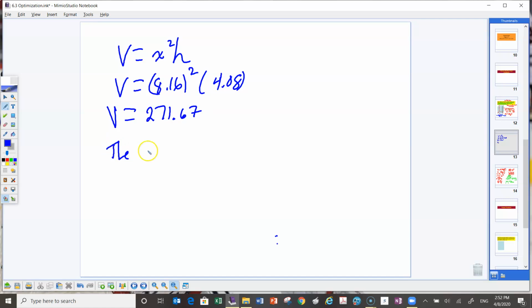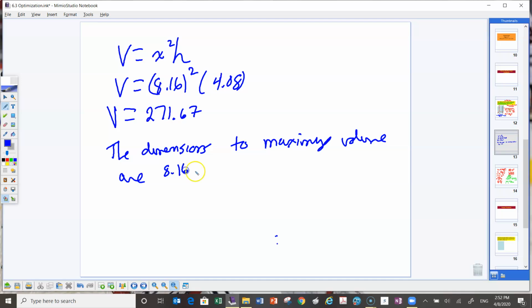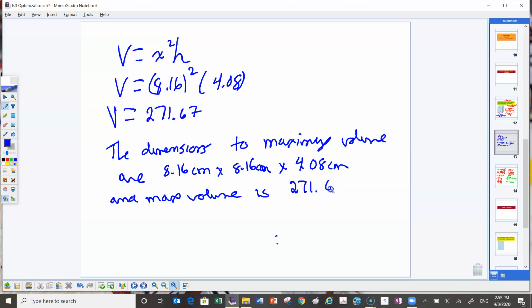Now my final statement, I'll include all my units. So we would say the dimensions to maximize the volume are 8.16 centimeters by 8.16 centimeters by 4.08 centimeters, and the max volume is 271.67 centimeters cubed.